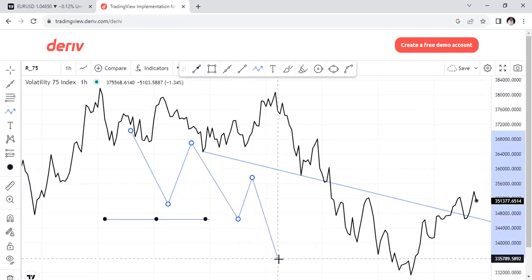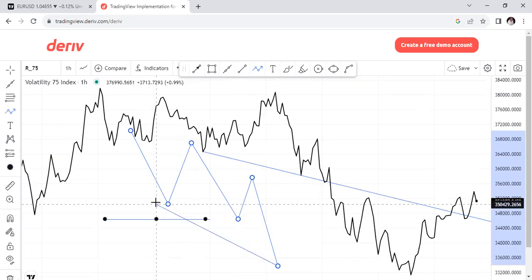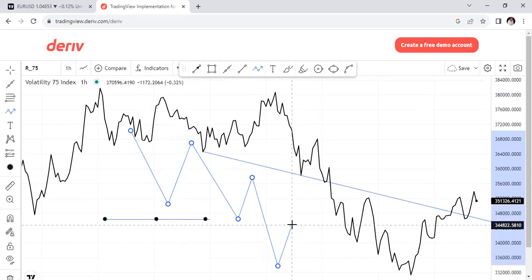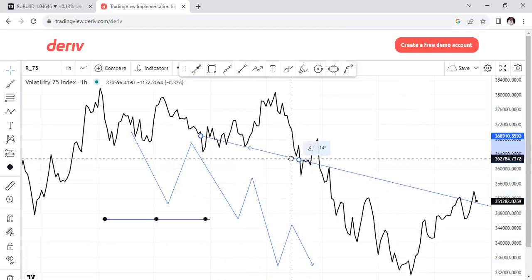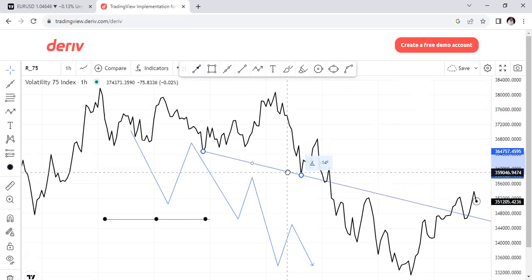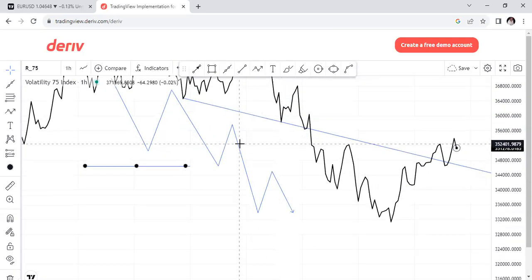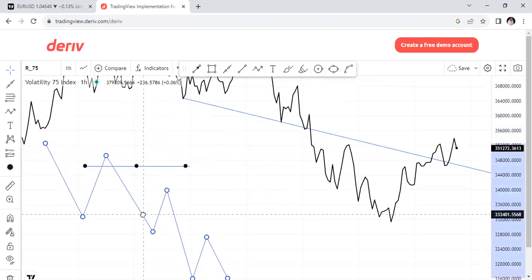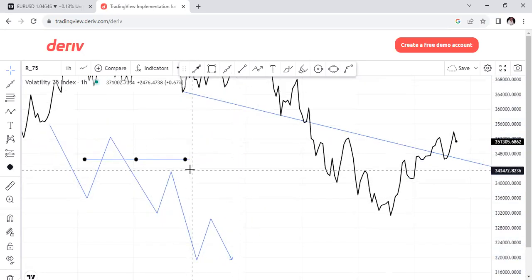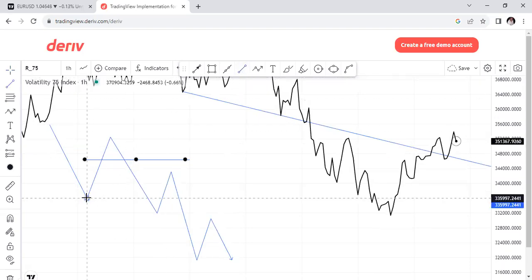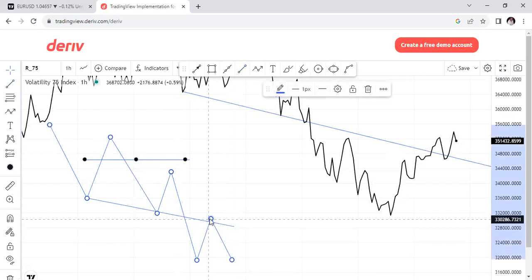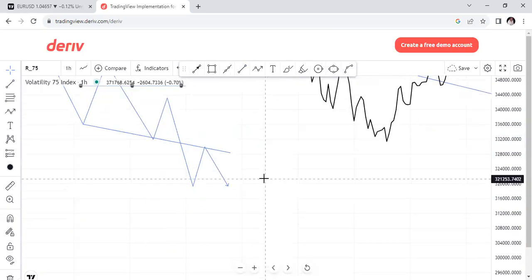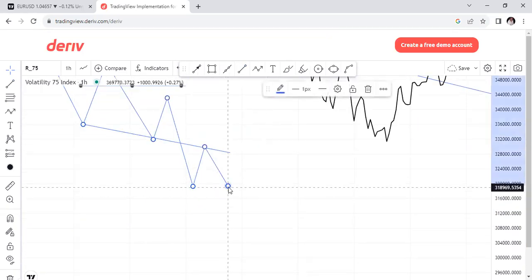Then a breakout. So we are looking for price to test that breakout, to retest that breakout and pull down.